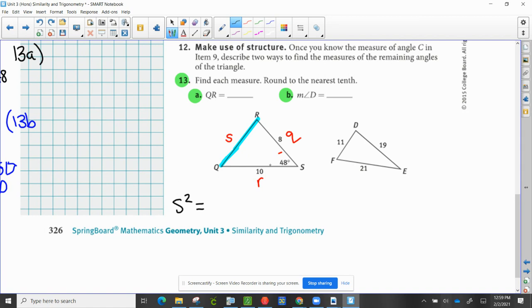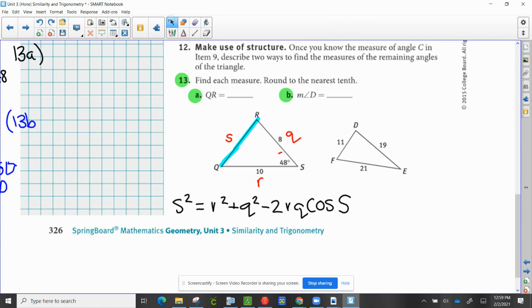It's equal to the other two sides squared, so r squared plus q squared, minus 2rq times the cosine of s. It's the same idea; you're just using those other two sides in your formula. Go ahead and solve this for s and see what you get.